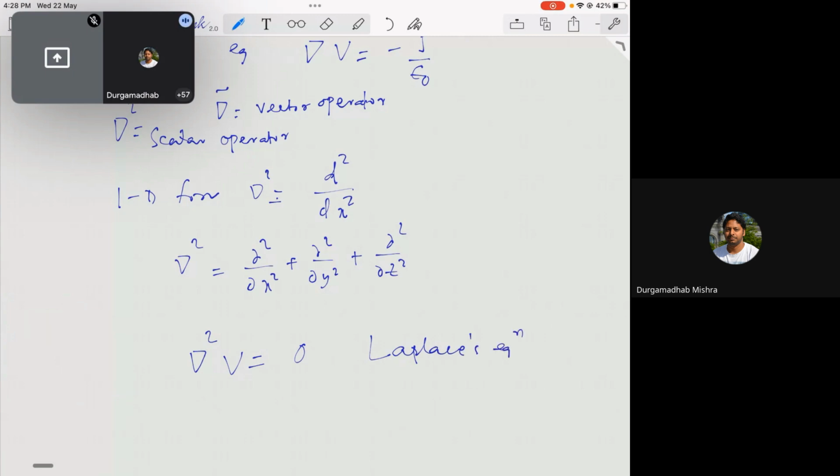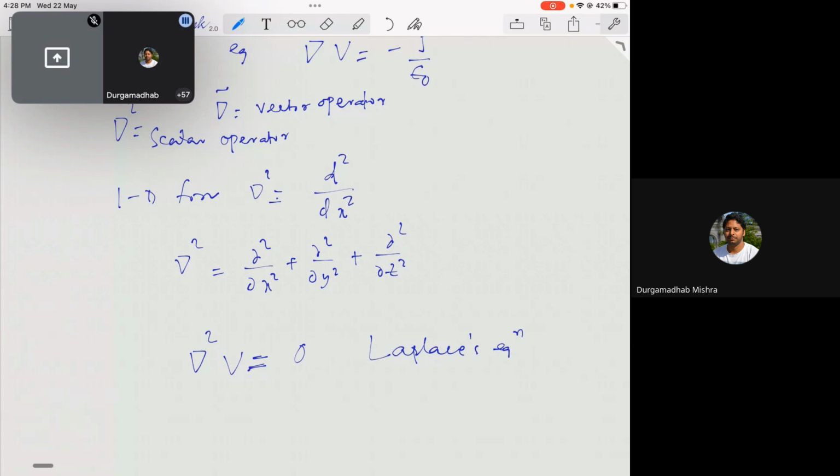Most of the time we solve this kind of equation in electrostatics, because the potential is a scalar function, so that is easy to calculate. And once you know the potential, you can take the partial derivative, and eventually calculate the electric field and so on.